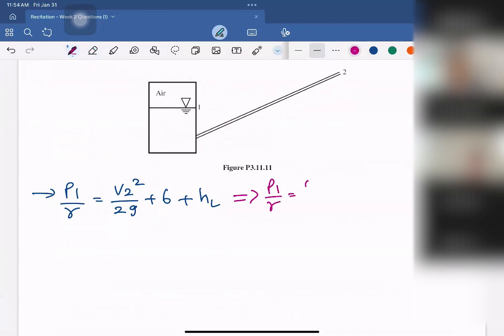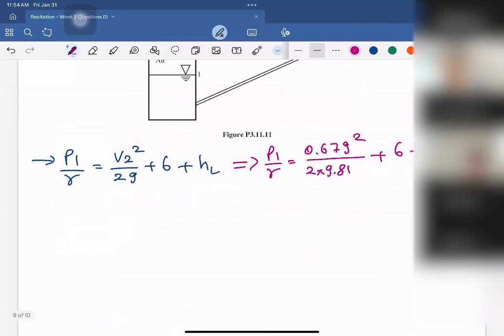The velocity was 0.679. 6 plus head loss.